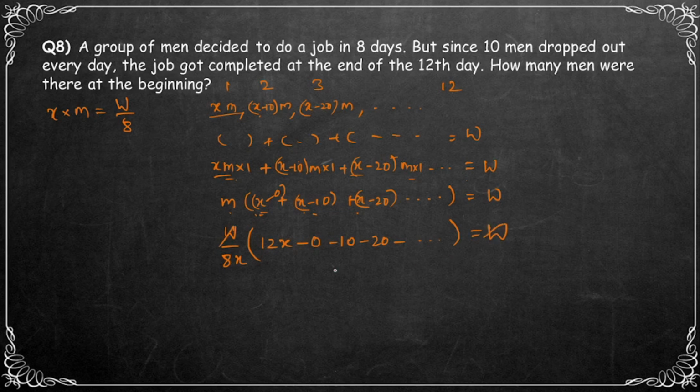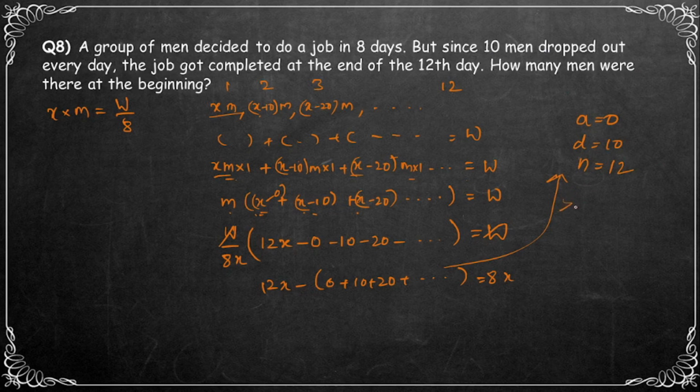So w cancels. So 12x minus, if I take common, 0 plus 10 plus 20 and it goes like that, is equal to 8x. So this is nothing but an arithmetic series with starting term a is equal to 0, difference is 10, number of terms is 12, so 12 days.